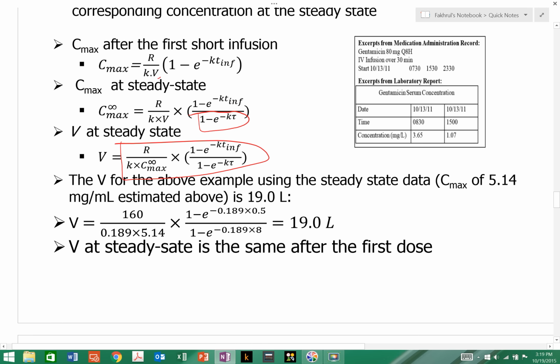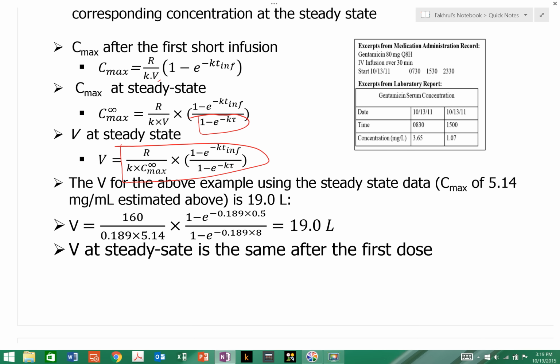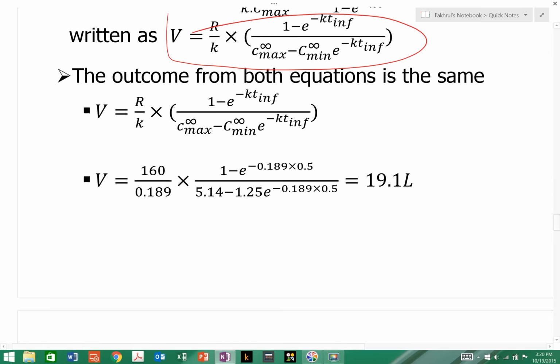From Cmax after the first dose, you can derive this equation and find V. This one is at steady state, and this equation would be at first dose. There is a little difference between first dose and steady state. I will explain this in the class.